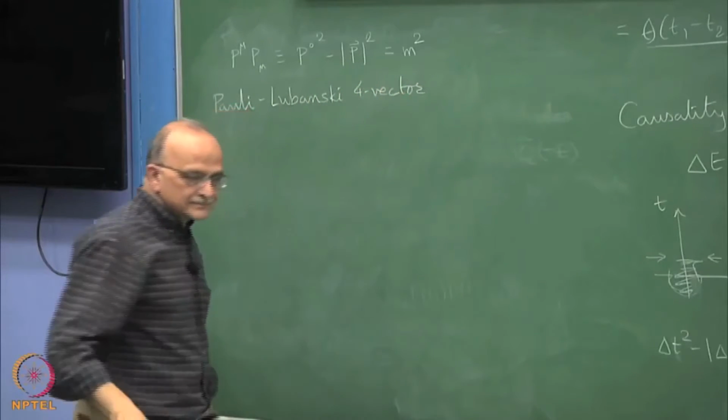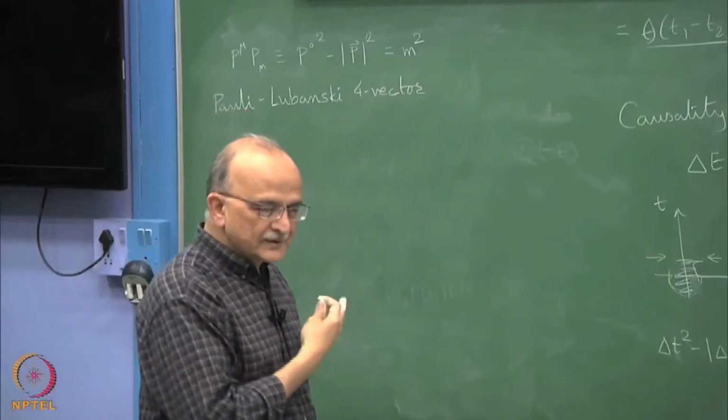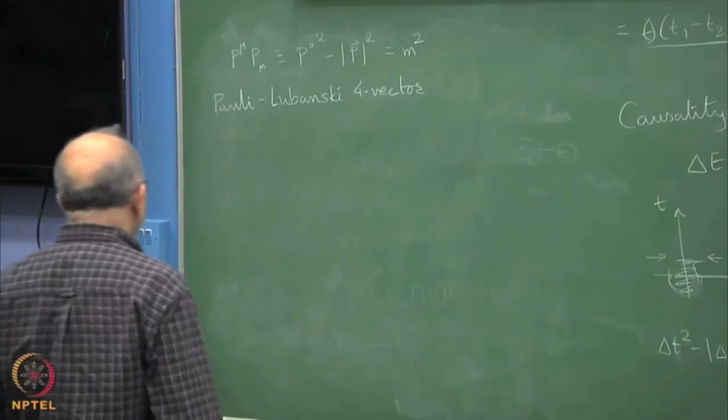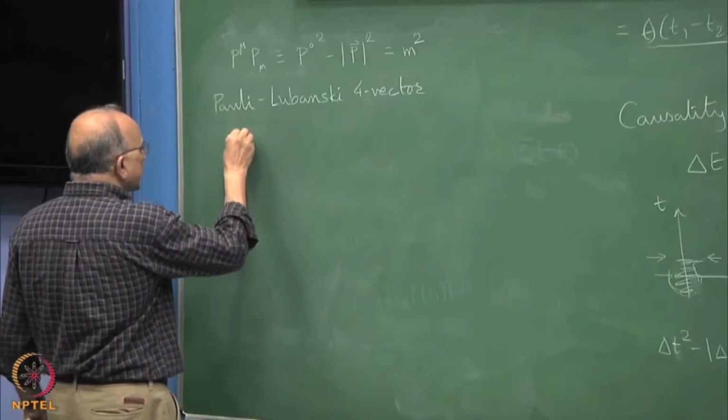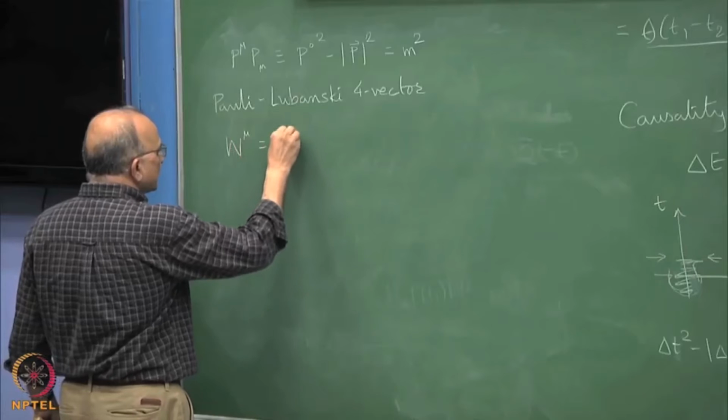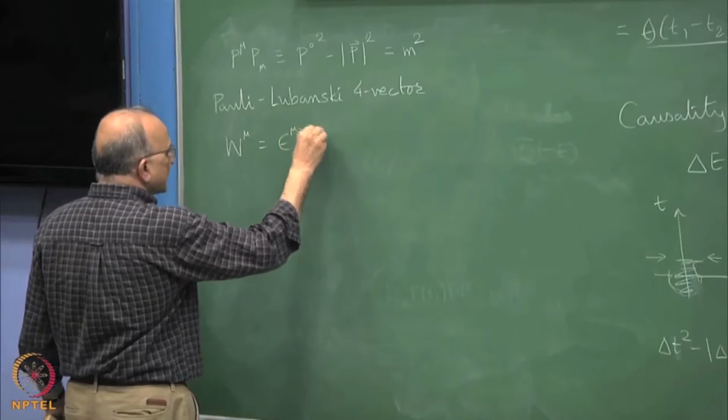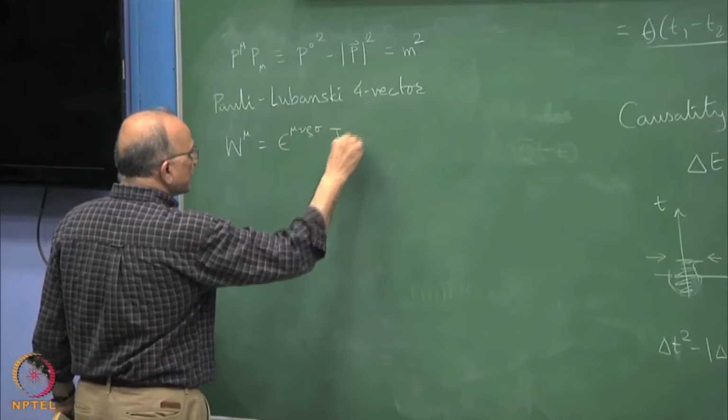It took a long time, in the mid 40s or sometime, and involved Pauli. So you construct a W mu which is equal to epsilon mu nu rho sigma times J nu rho P sigma.